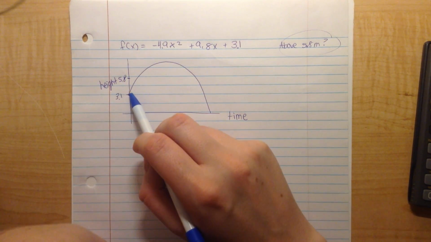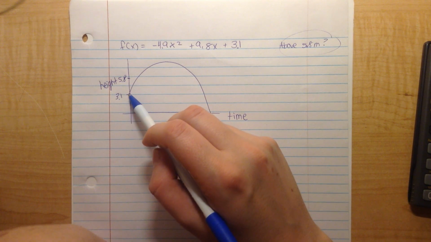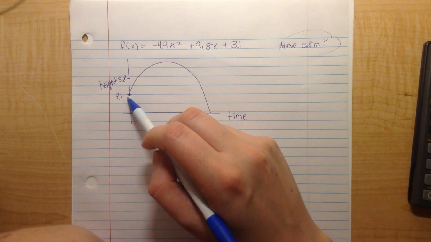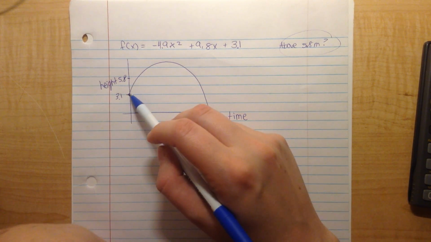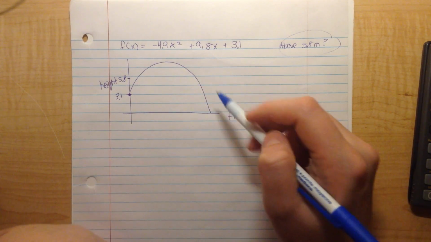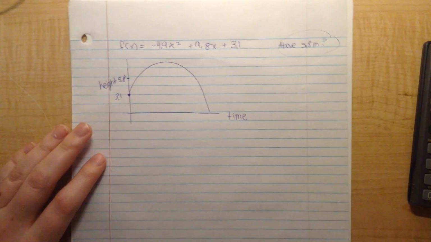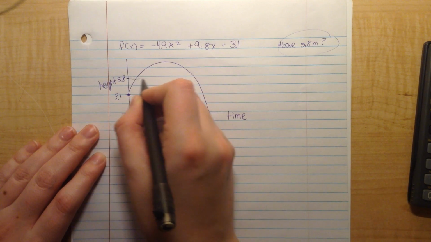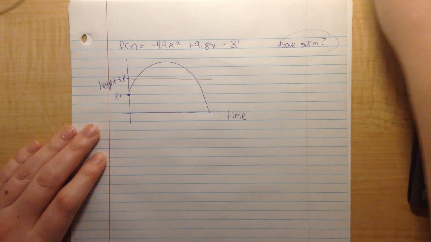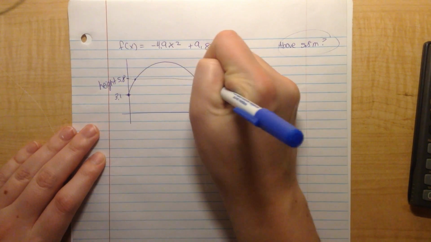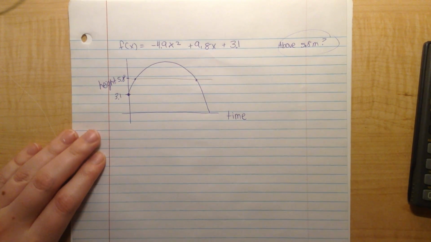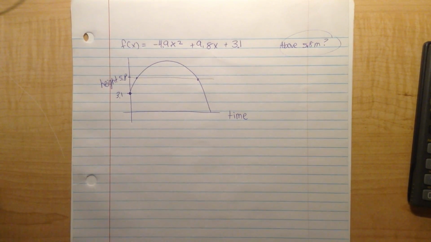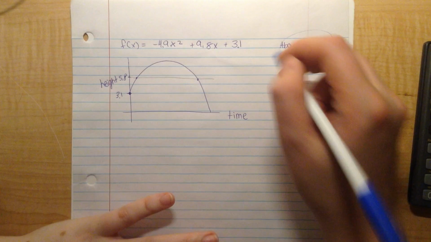And that kind of makes sense. If this ball starts at 3 meters and it's going to go up and down, we can assume we're going to pass a height of 5.8. And it should be, in theory, above 5.8 for some period. So we've got two things to do for this problem.